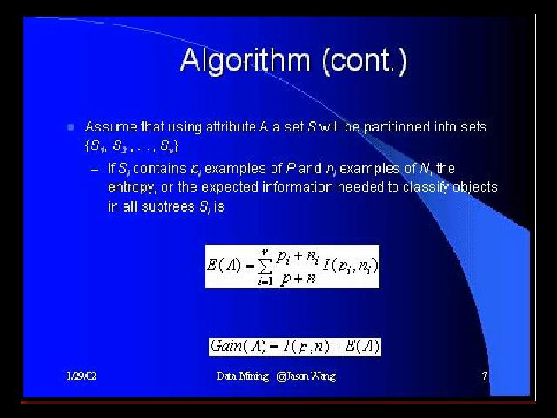Now for S1, S1 contains all the training examples whose phone usage is less than 75, right? So you look at those tuples, then you can see how many belong to the positive class and how many belong to the negative class by looking at their yes/no column.